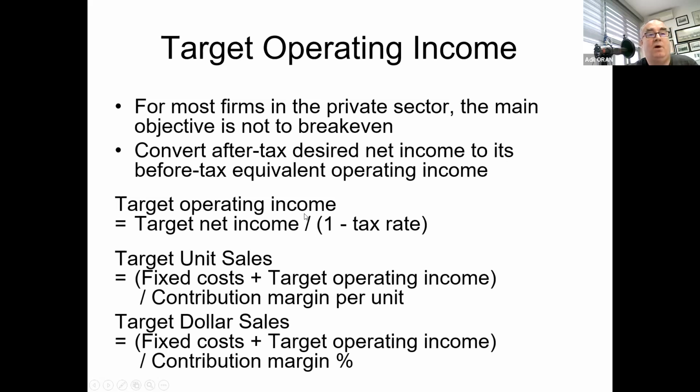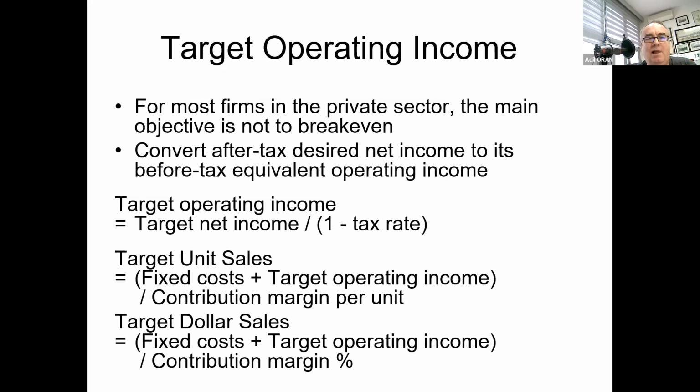And then if you want to determine how many units you need to sell to generate that operating income, you take your fixed costs plus whatever target operating income you want to have and divide that by the contribution margin per unit. This will give you how many units you have to produce and sell.